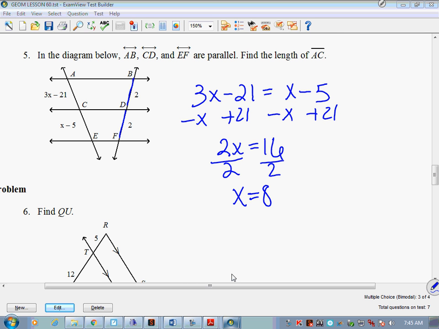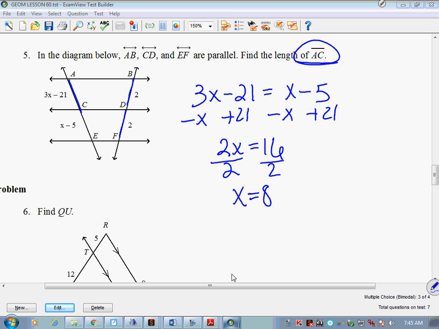All right, but before we're finished here, it says find the length of AC. 8 is not my answer. We want to know what AC is. So now granted, the easier way to do this is you could plug 8 into x, 3 times 8.